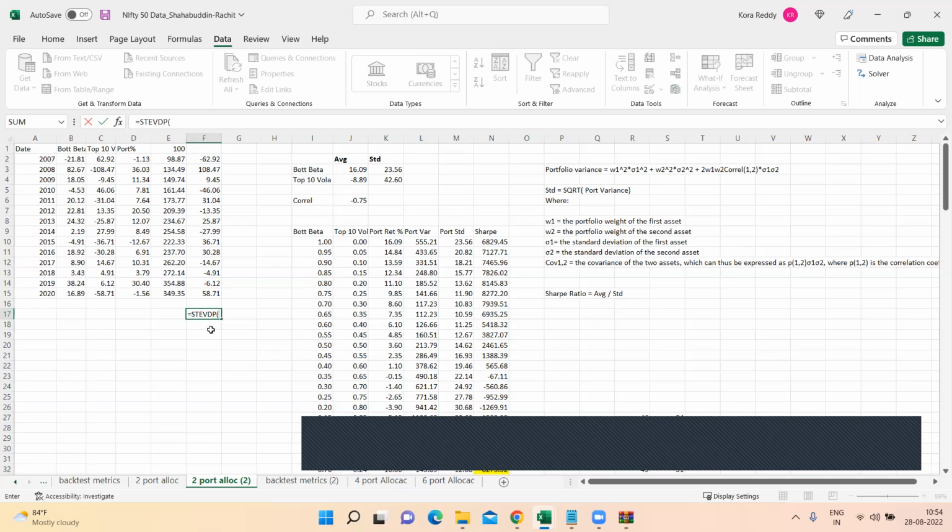The standard deviation of this portfolio should be very low. Just 12%. And your average is also 10%.